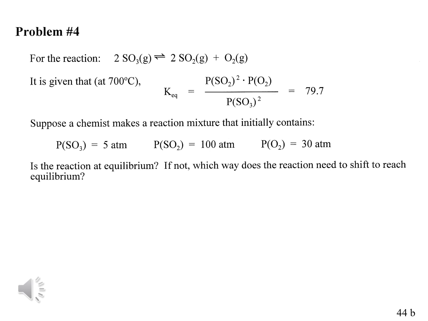Then what I'm asking in the question is, suppose that a chemist mixes together the three amounts that you're given there. The question is, is the reaction at equilibrium? And you can tell not only that, but you can tell which way the reaction will need to shift to reach equilibrium.